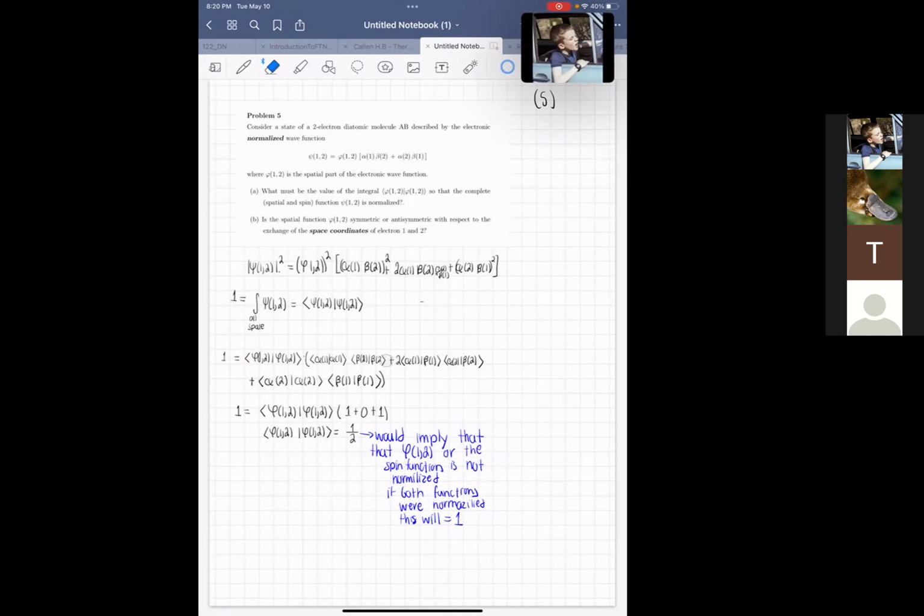And then basically finding that normalization here, and then I equal this to 1/2. So basically I solved what the spin part integral is, and then I equal it to the other side. So I basically have to equal it to 1 overall, right? So then I put everything on the other side, and I find that this has to be equal to 1/2. Does that make sense? Yeah, that is.